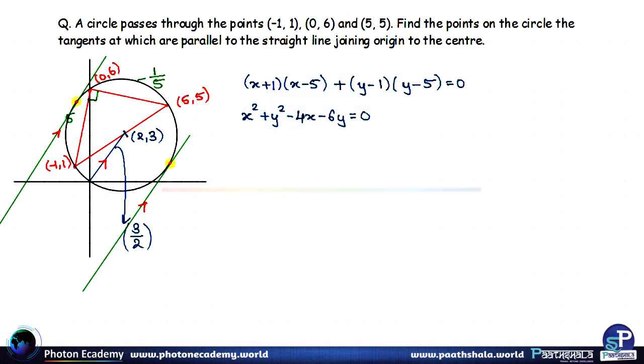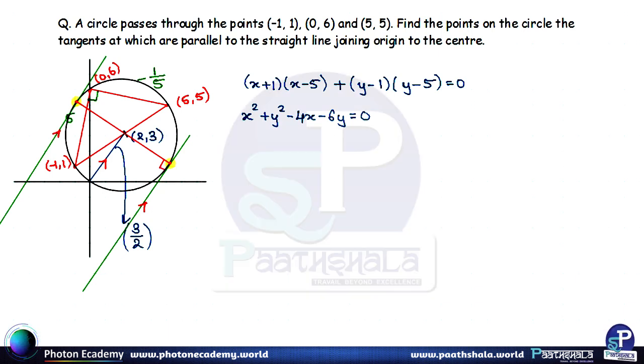So obviously both of these points will be diametrically opposite to each other, and also this angle will be 90 degrees. Let's call this line L, this as L1 and this as L2.